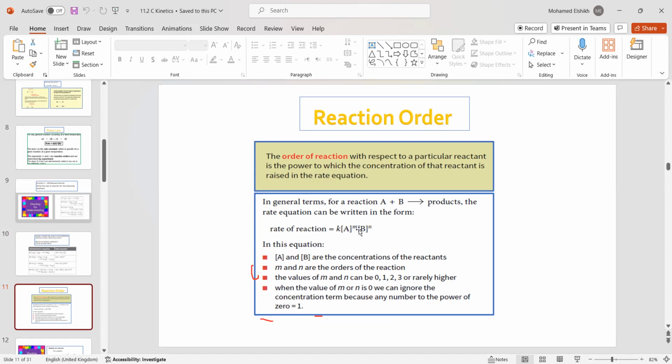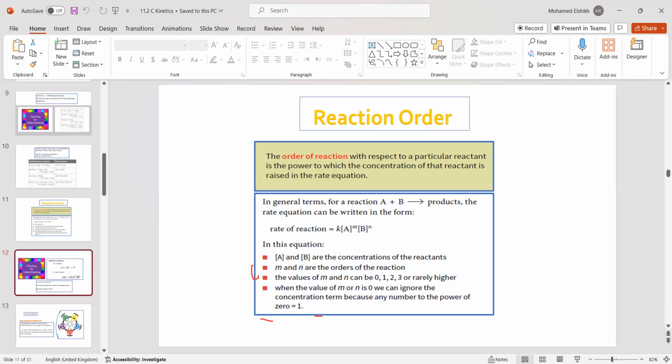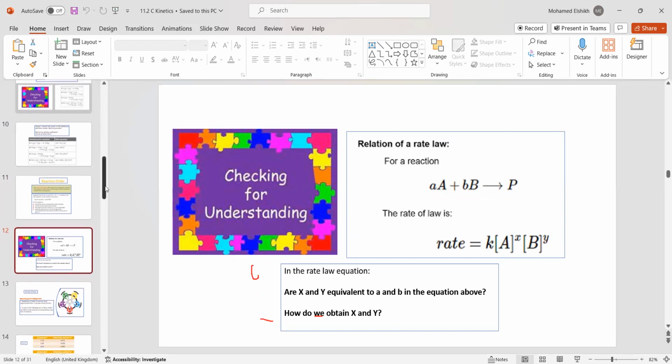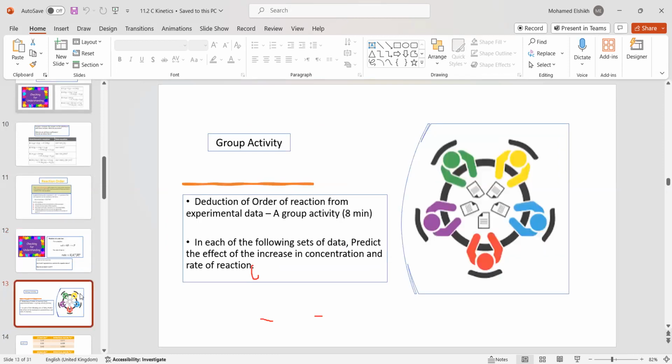The overall reaction order is 2 and 1, which is 3. Okay, so this is how to write the rate equation, and the values of X and Y, or M and N, we will determine from the calculations now.